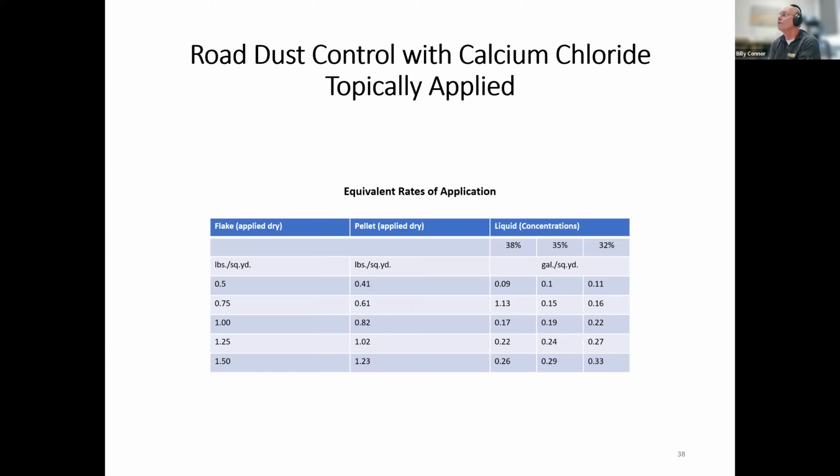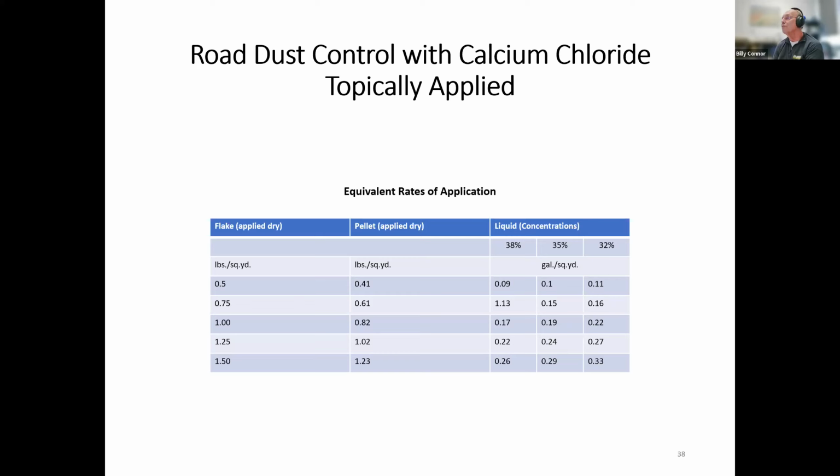Here's a nice little chart that you may want to make a copy of and keep around to give you some equivalent application rates. For example, there are two ways that it comes in: flakes or pellets. Some people call them prills, that you can apply. So in the case of the flakes, you're going to use 5.5 pounds per square yard for that material if you're topically applying it.